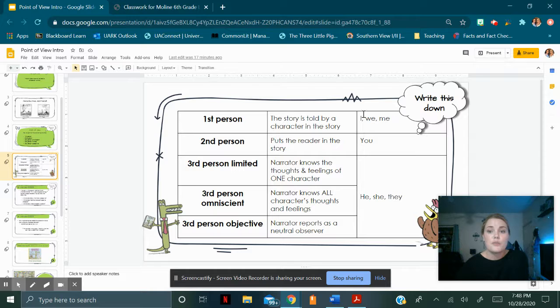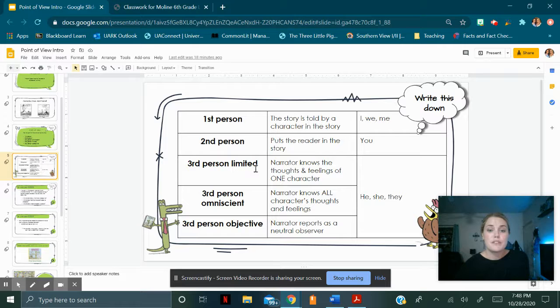And the author will use pronouns like I, we, or me whenever they're telling the story. Okay, so second person point of view, the author or the narrator in this case, they put us in the story as readers. They'll try to put the reader in the story, and they may use words like you.